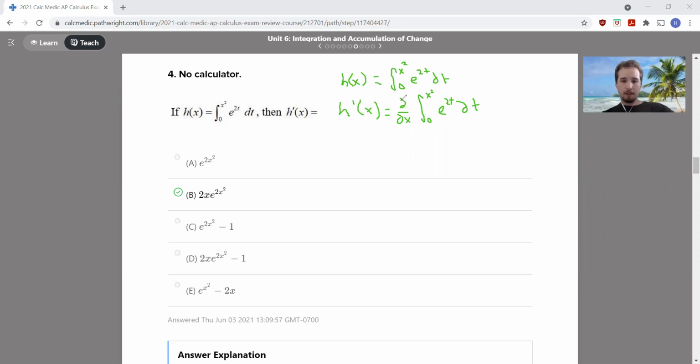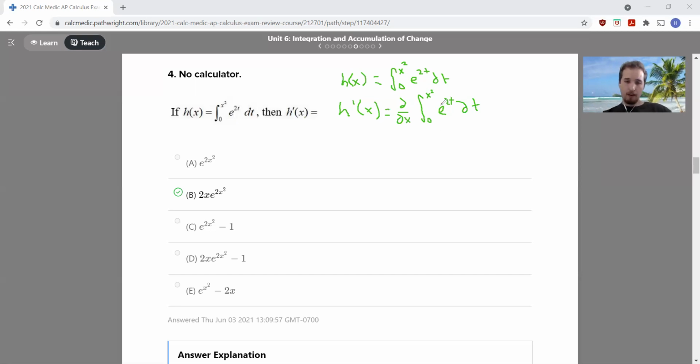Okay, well, you can already see the derivative is going to just cancel out this integral, but when it comes to these problems, you have to understand, oh, there's bounds, so it's not going to be quite the same.